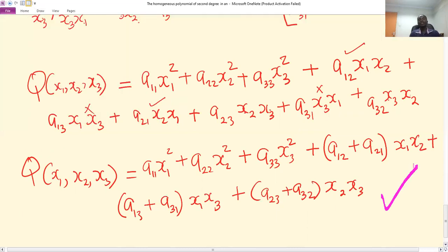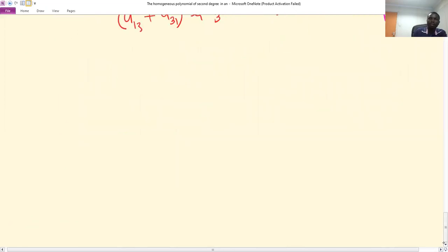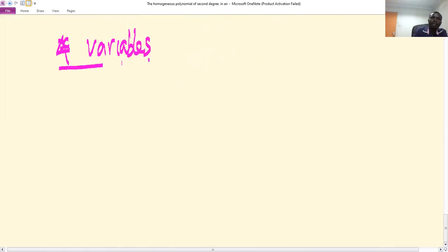You see, when you use the notation in matrix form, it becomes easier to express those terms. And let's now discuss for 4 before we break. So 4 variables, assuming now I start with x, y, z, and w.